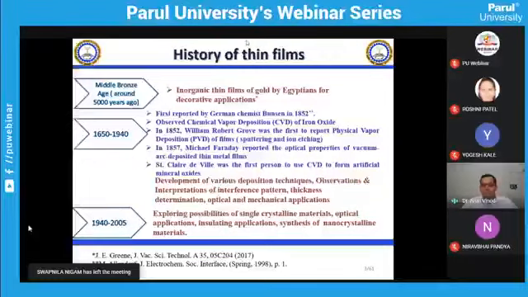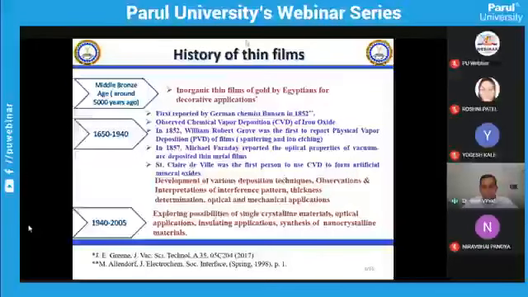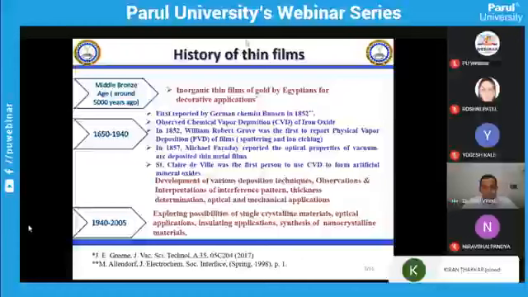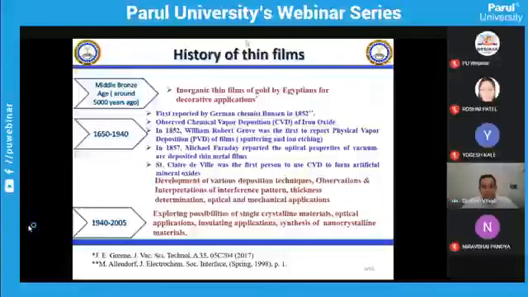Then physical vapor deposition in vacuum, oxide.